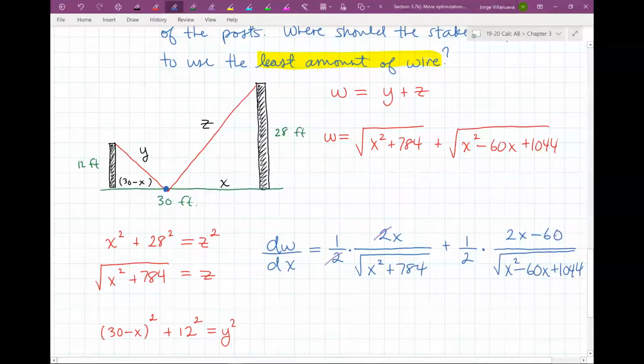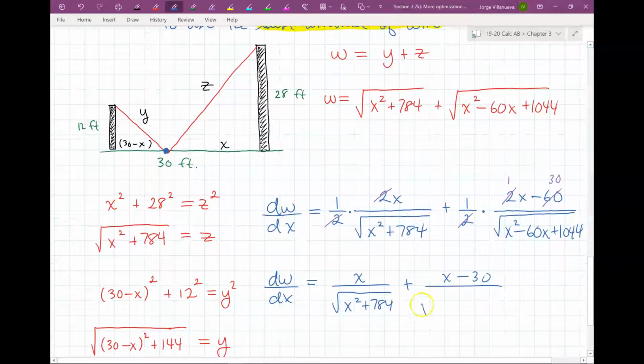But the half will actually cancel stuff out on top. So let me rewrite this. dw dx is equal to x over square root x squared plus 784 plus x minus 30 over x squared minus 60x plus 1044.